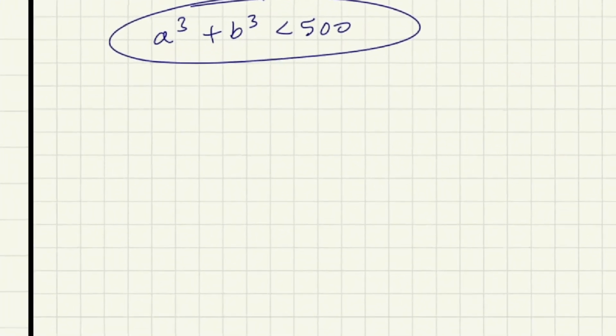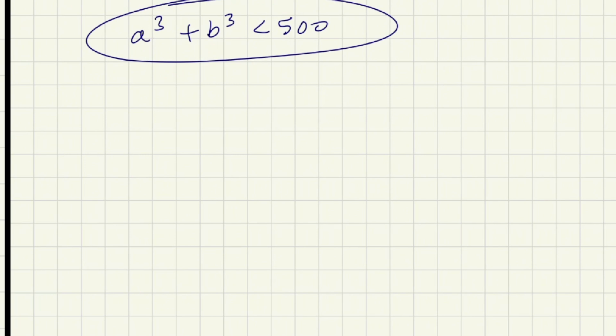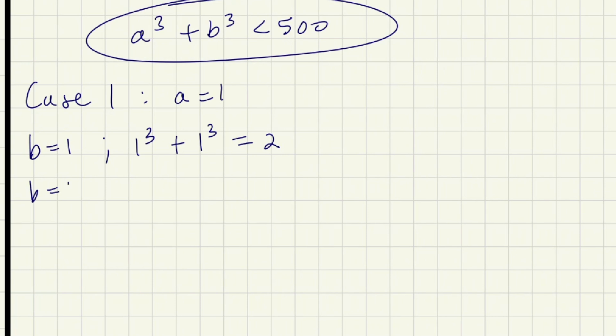Now we can compute all the sums case by case. For case 1, we set a equals 1 and increase b systematically, finding all the solutions less than 500. When b equals 1, we have 1 cubed plus 1 cubed, which is 2. When b is 2, we have 1 cubed plus 2 cubed, which is 9.